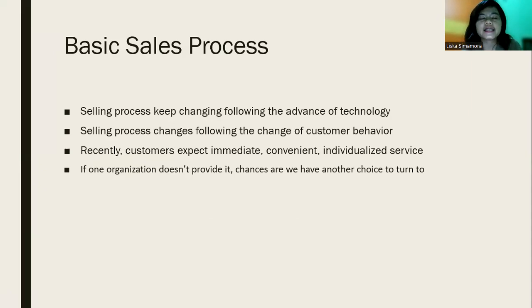So what is the basic sales process? The selling process keeps changing following the advance of technology. I think everyone will agree with that.